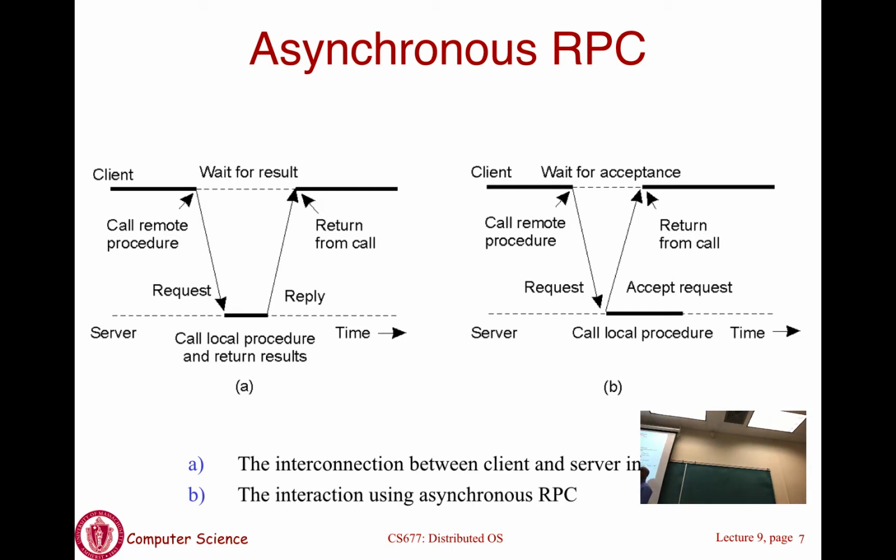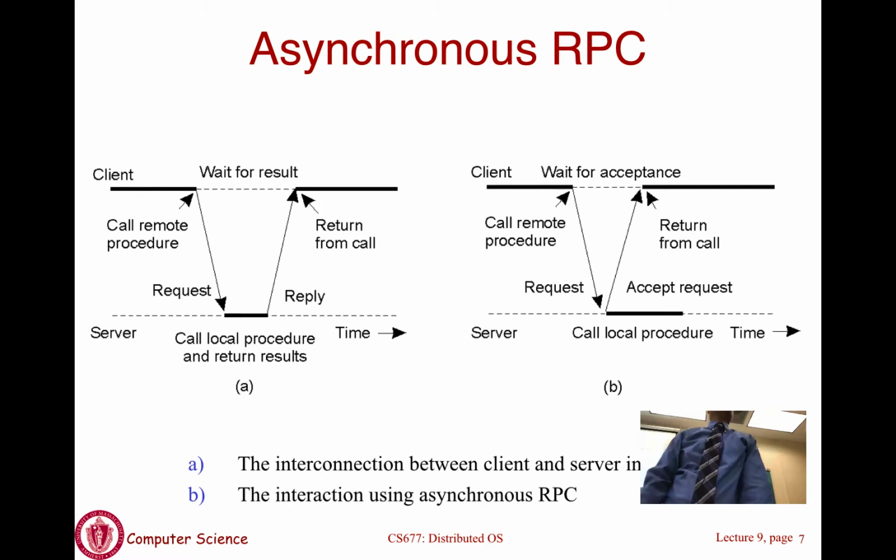There is no acknowledgement. That's why it's called one way. You send a request and you just continue execution. So different semantics from your RPC runtime that give you somewhat different behaviors. By default, what you have in RPCs will be synchronous, but there are all these other modes that you might have in your runtime.